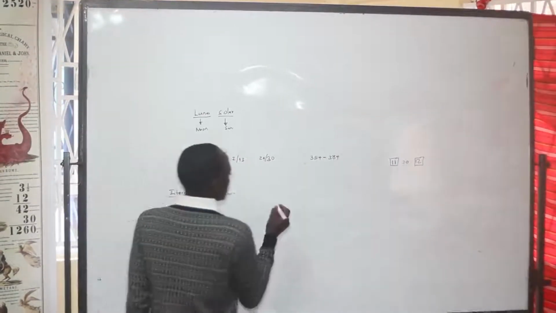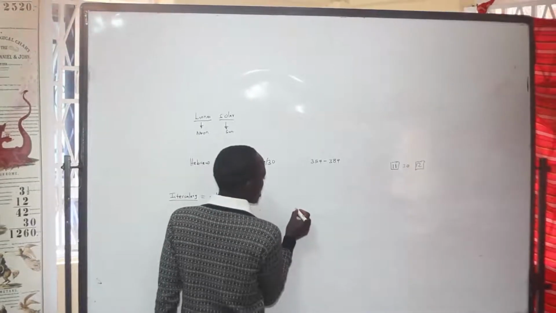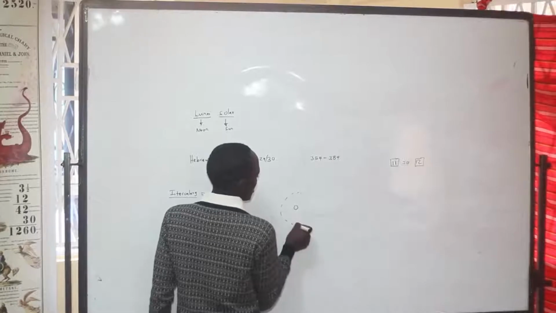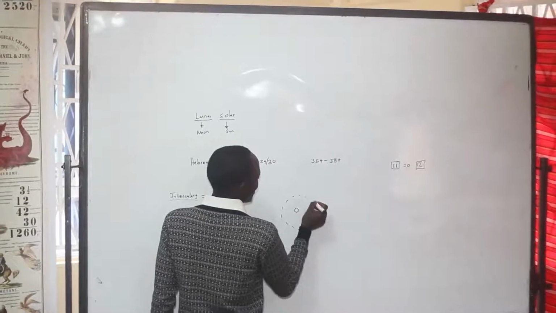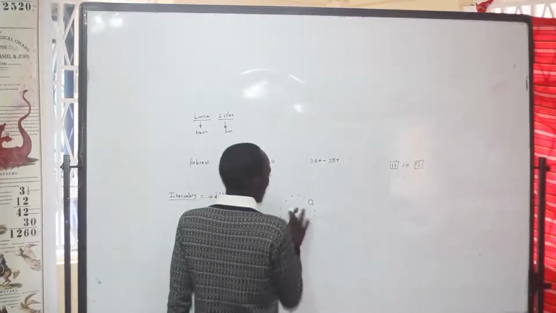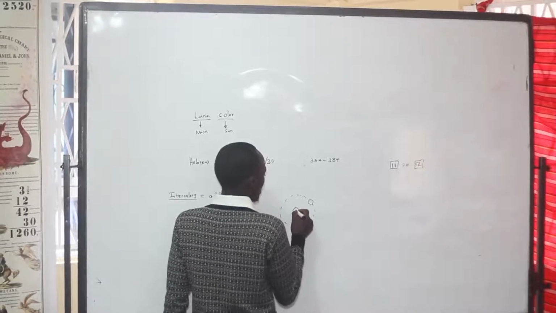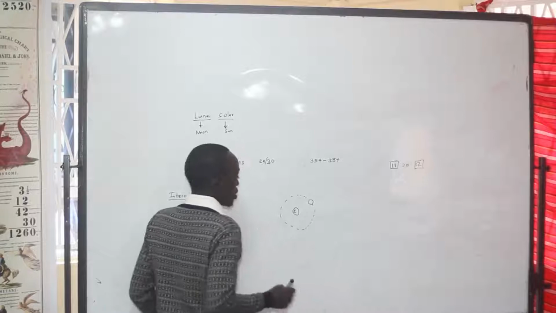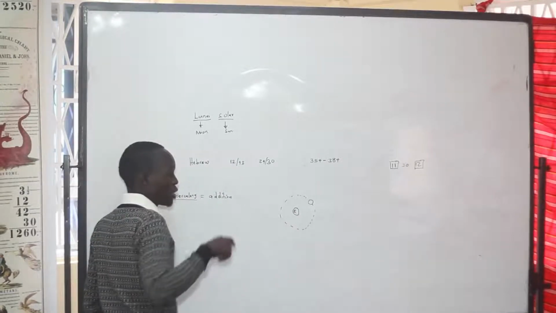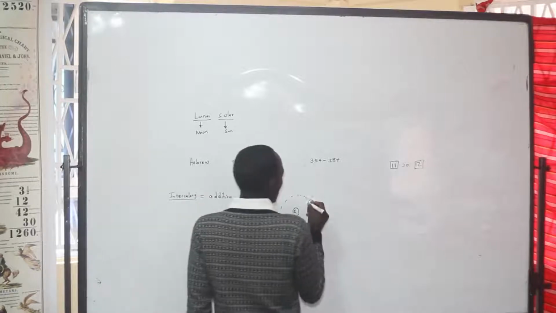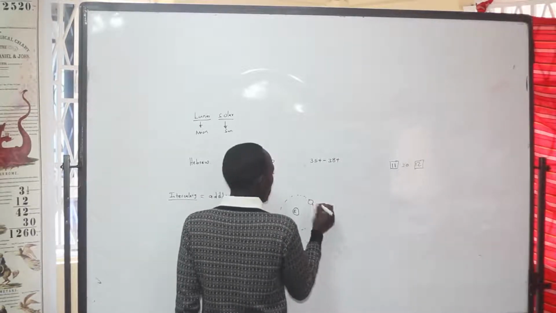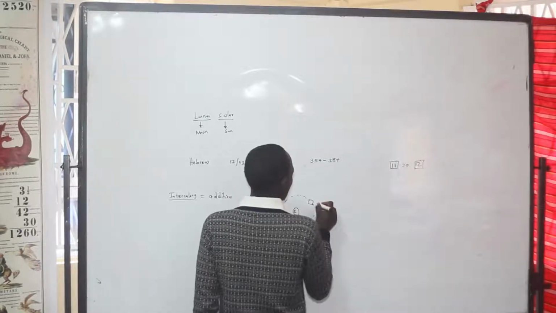If this is the earth, what goes around the earth? The moon goes around the earth. From this point until you come back to this point, it will be approximately how many days?